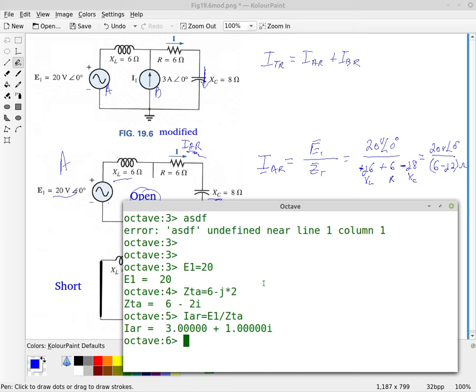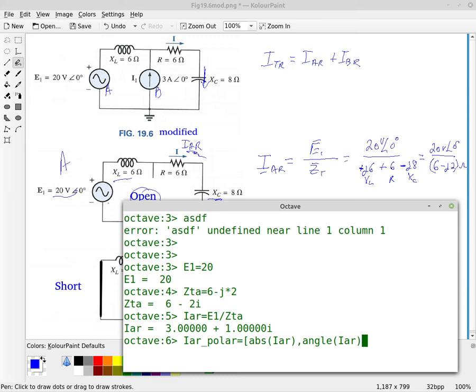And so we can calculate the polar or phasor version of this, which is going to be the absolute value of I_AR, and then we have to calculate the angle of I_AR.